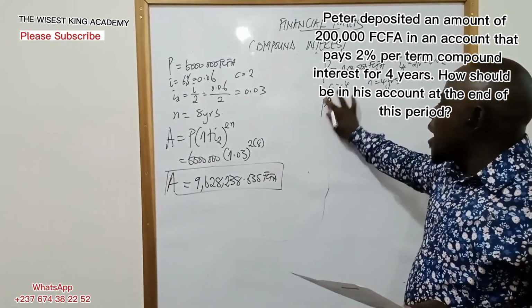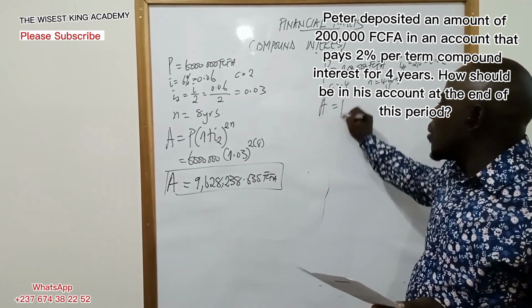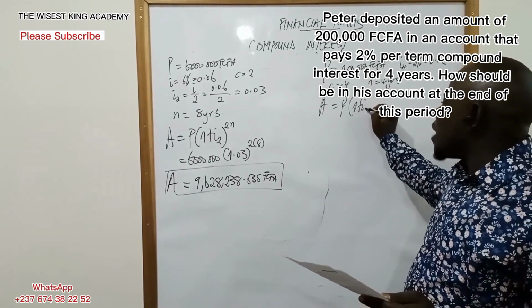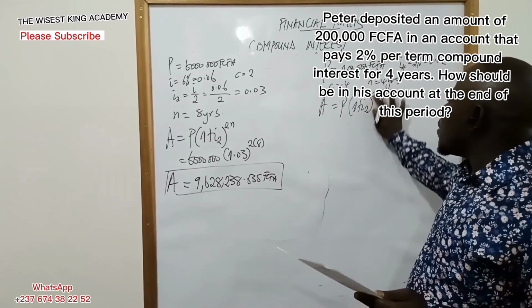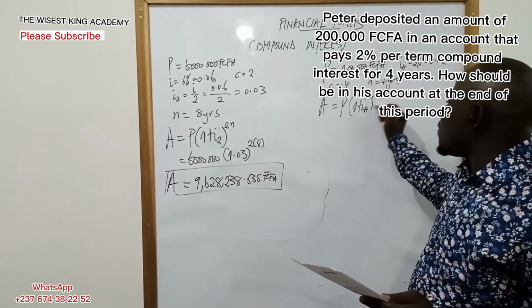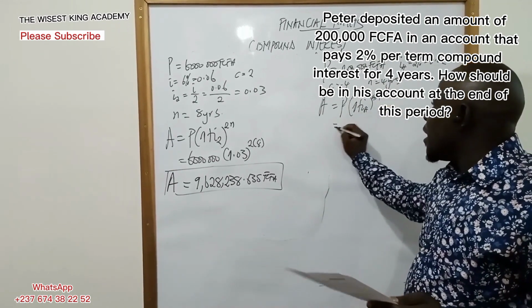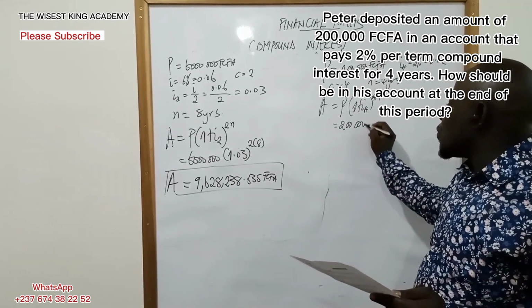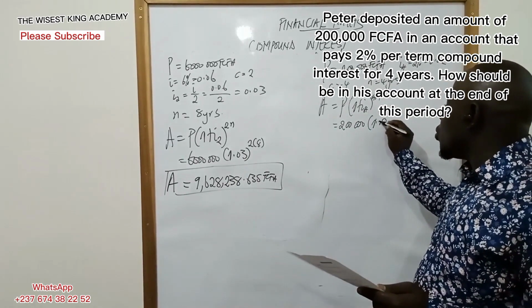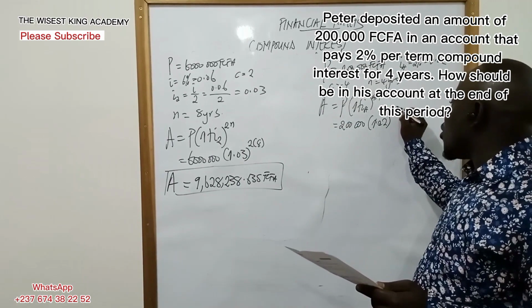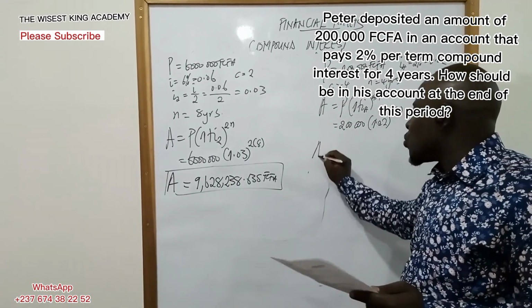So we take A, the acquired value, how much will be in his account? That will be P times 1 plus I4 raised to the power 4N. And this will be 200,000 into 1.02 raised to the power 4 times 4, which is equal to 16.